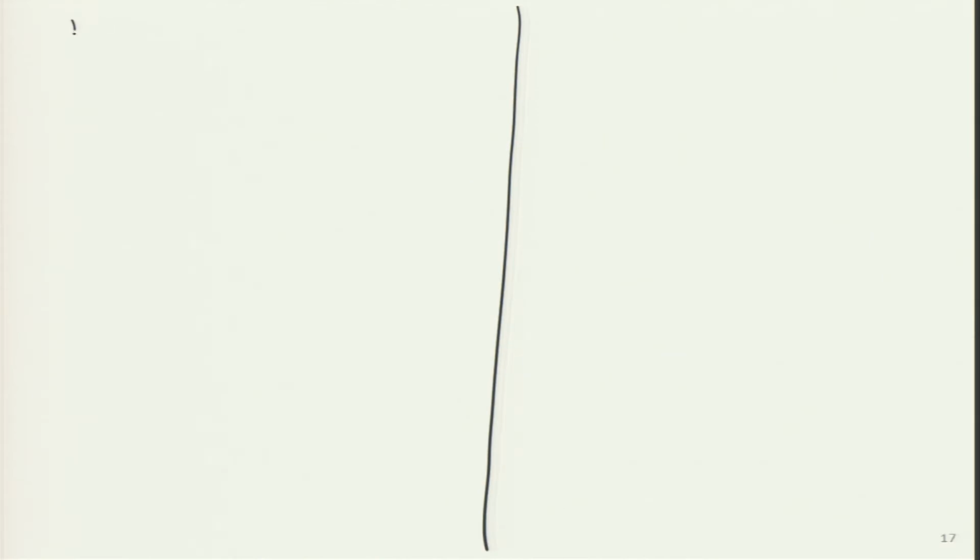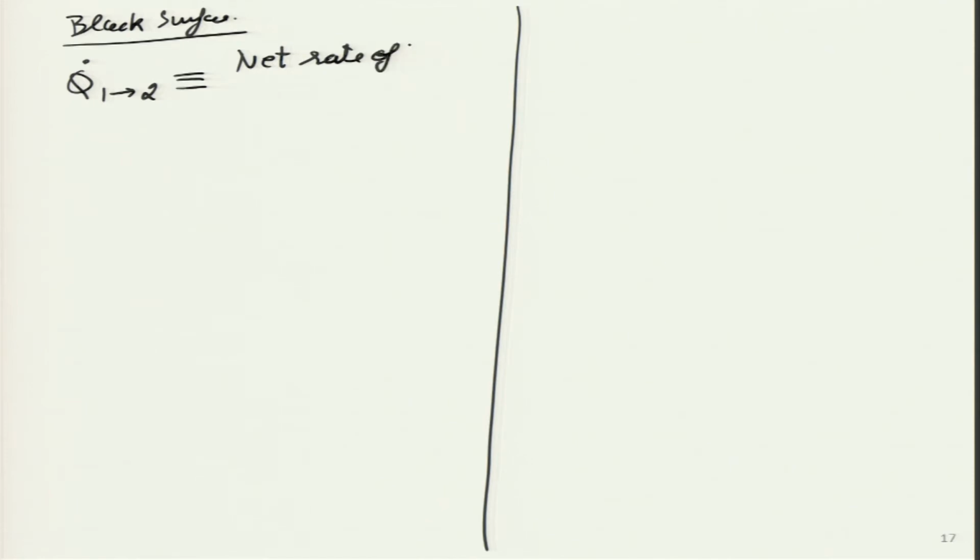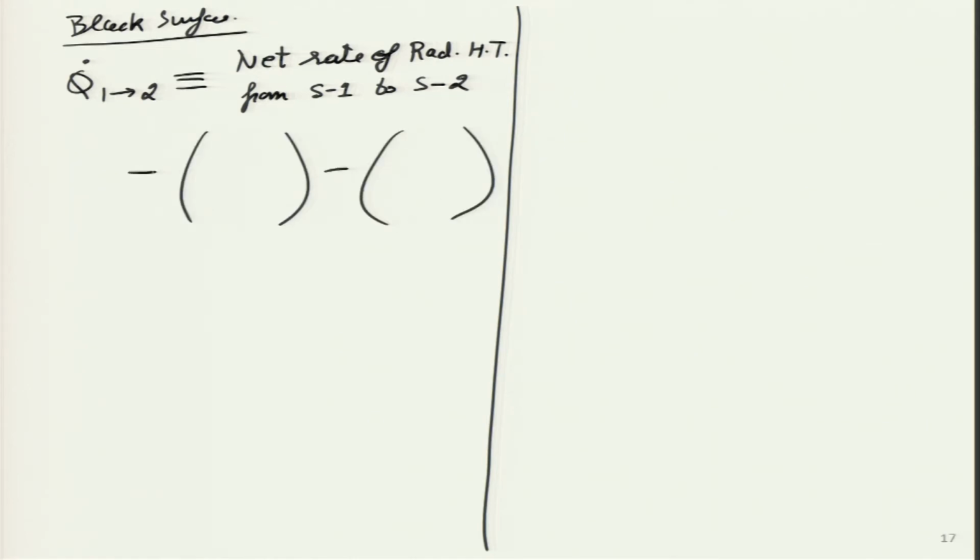So, with that we continue our analysis of black surfaces, and we have defined this q dot 1 to 2, the net rate of heat transfer. We will write it in words. It says net rate of radiative, I will write it in abbreviation, RAD, meaning radiation heat transfer from surface 1 to surface 2, which means I can write it as the difference of two terms.